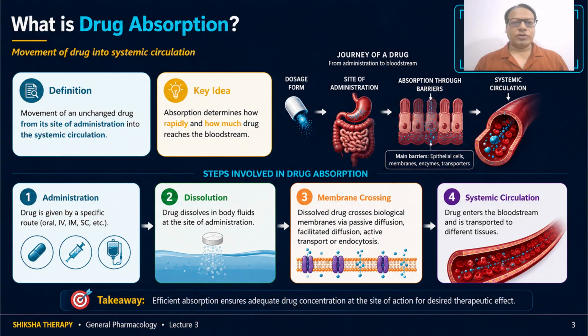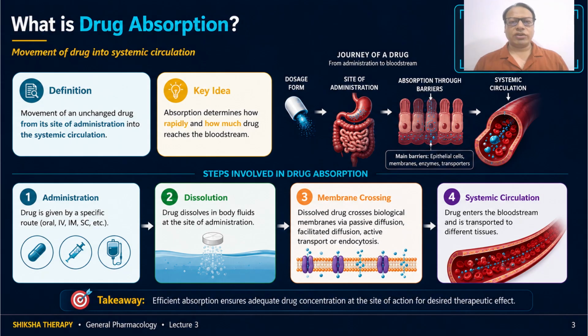What is drug absorption? Drug absorption is the movement of an unchanged drug from its site of administration into the systemic circulation. In simple words, administration के बाद drug का blood stream तक पहुंचना is called drug absorption. The journey involves four basic steps. First, the drug is administered by a specific route.